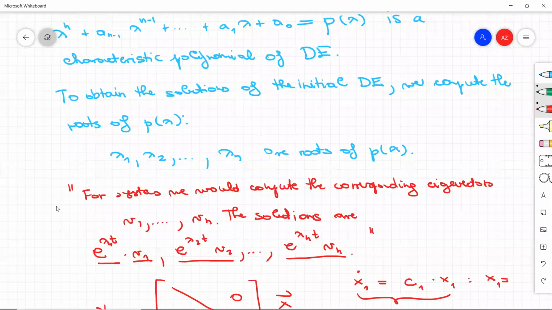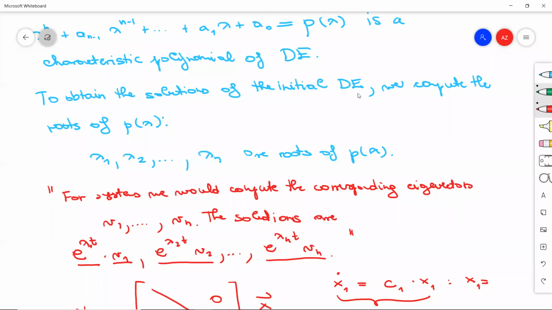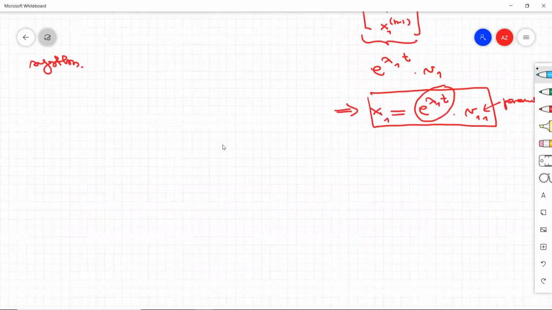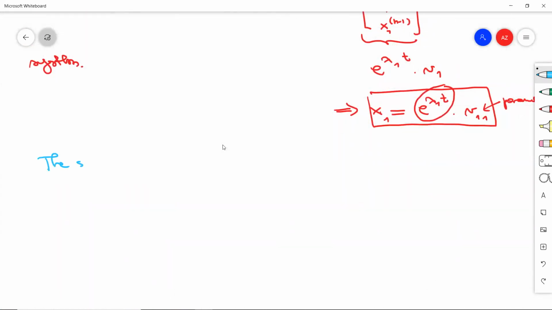So if we return above, to obtain the solutions of the initial DE, we compute the roots of P lambda, and then the solutions are, I will write this with blue, e to lambda 1 t, then e to lambda 2 t, and so on, e to lambda n t, and their linear combinations.